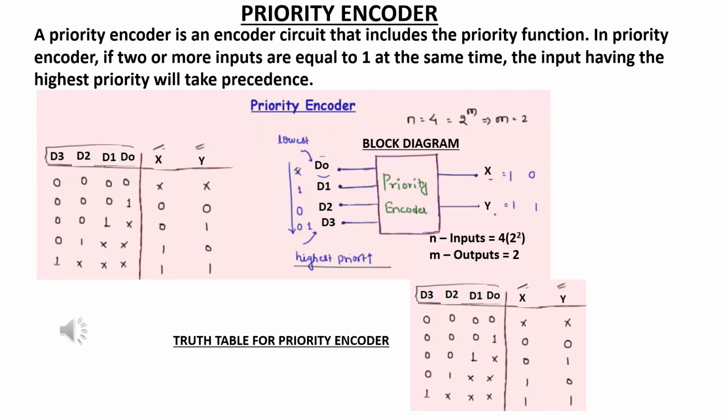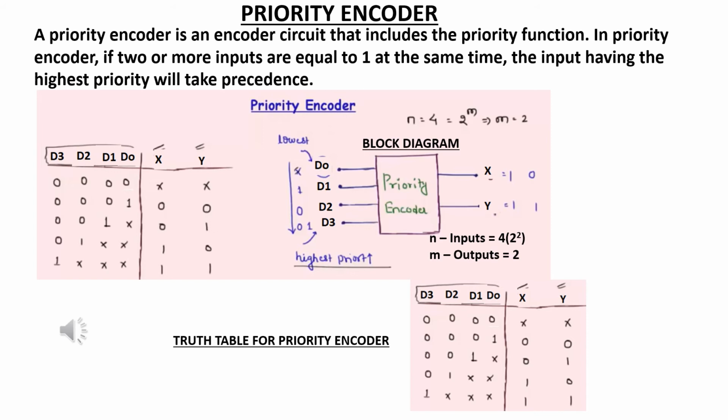Now look at the truth table for this priority encoder. In the truth table, D0, D1, D2 and D3 are considered as inputs, and X and Y are taken as the outputs. If all my inputs are 0, no value is activated here, so the output is X X, where X denotes a don't care term.